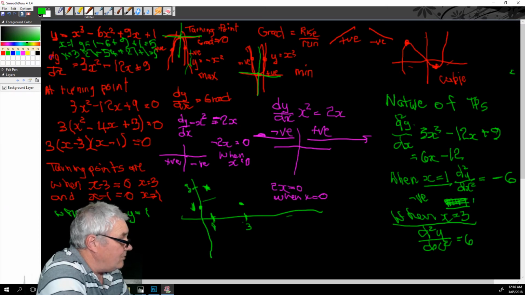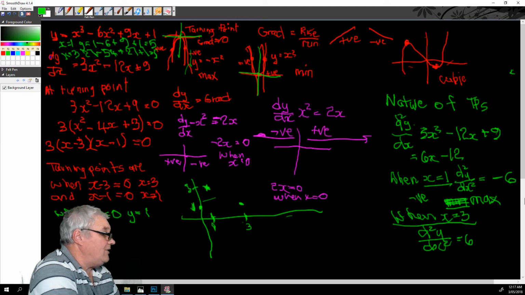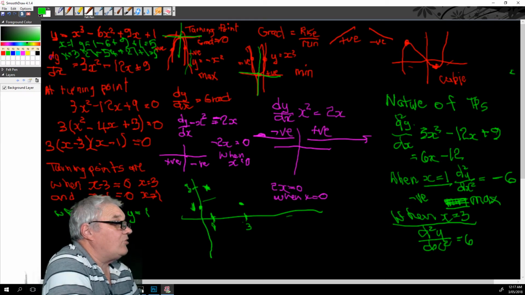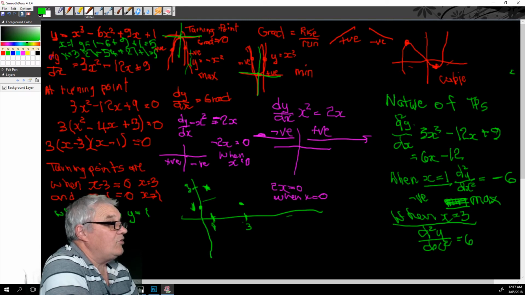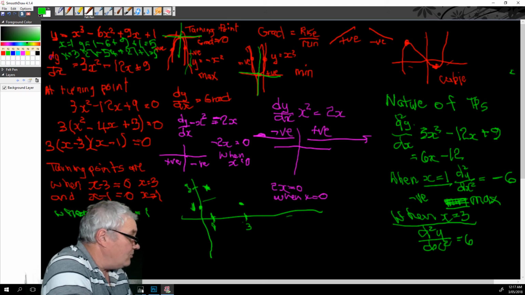So that should be a maximum when it's negative. I was actually pointing to a maximum. So when x equals 1, it's negative 6, and as you can see, it's starting to go negative. So that's a maximum.